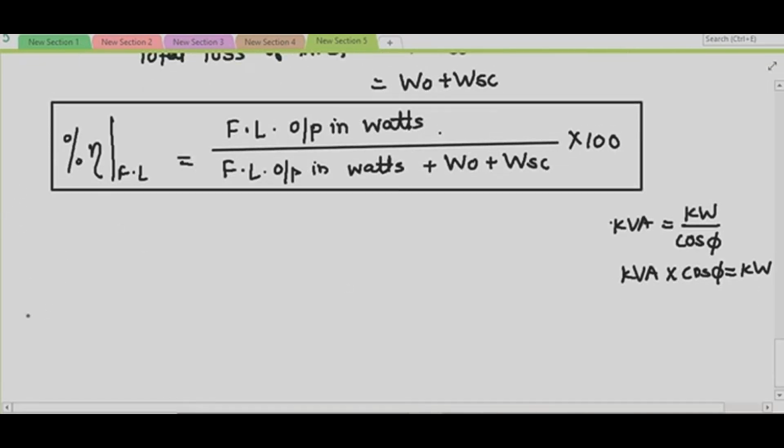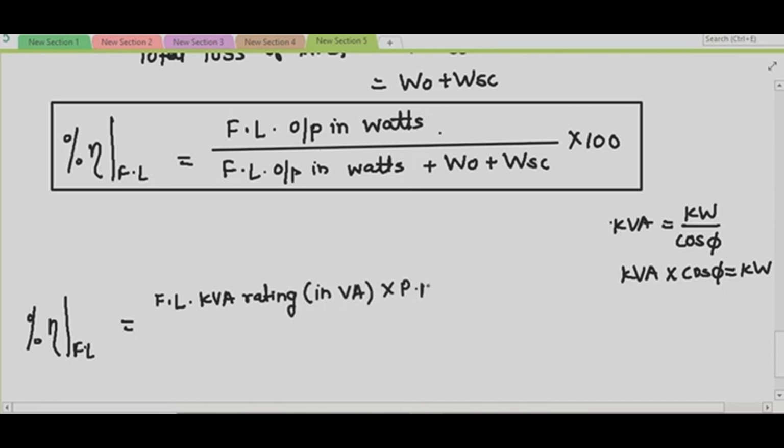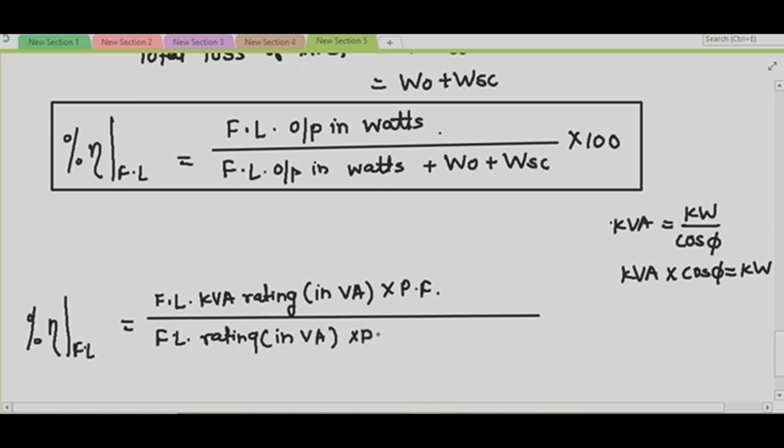So the above formula I can modify as percentage efficiency at full load equals full load KVA rating, which is obviously in volt ampere, into power factor, divided by full load rating in VA into power factor, I mean this will be full load output.